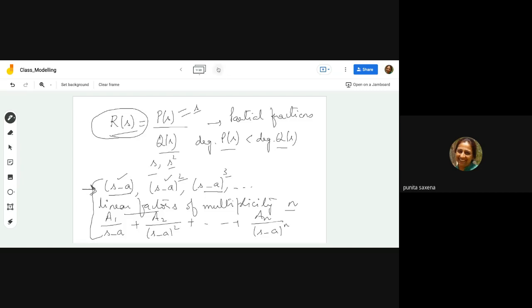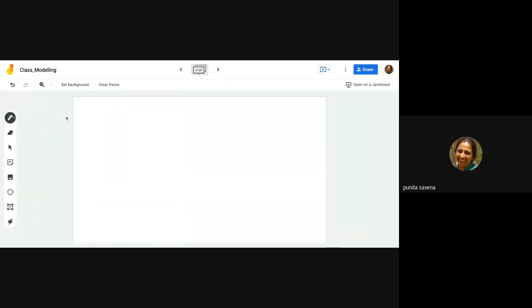Now similarly, if you have quadratic factors, you can split the terms like this. See, there is a difference. Either you may have terms like s square minus k square, or you may split it like this.